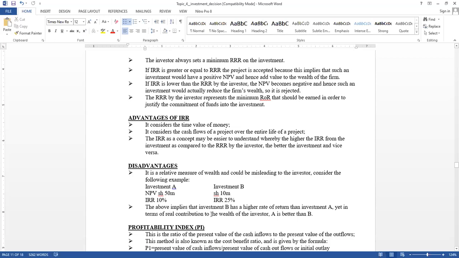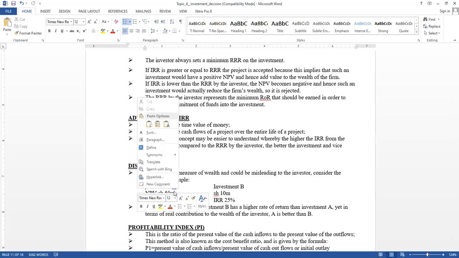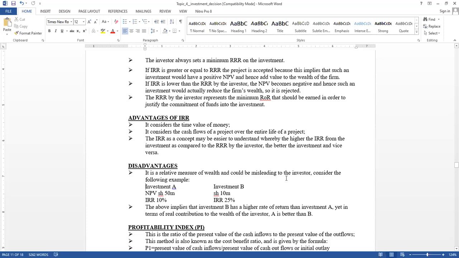But when you look at it in terms of real contribution to the wealth of the investor, you find that A is better than B, because A has got a larger NPV, meaning the greater the NPV, that means the more you increase the wealth of the investors.